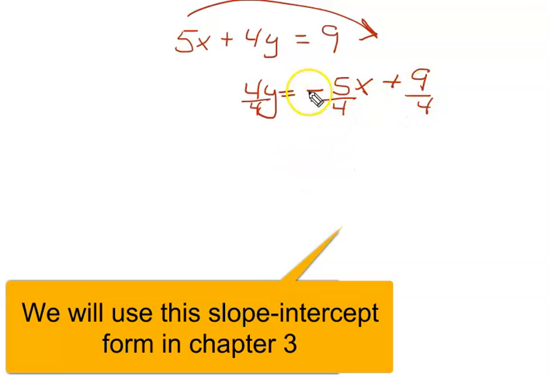Although it should accept it all over 4. This way is going to be one that we use in our next chapter, chapter 3. And then this will become a positive y here, equals a negative 5/4 x plus 9/4.